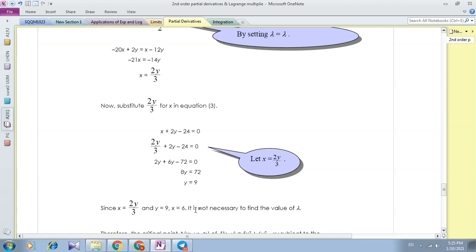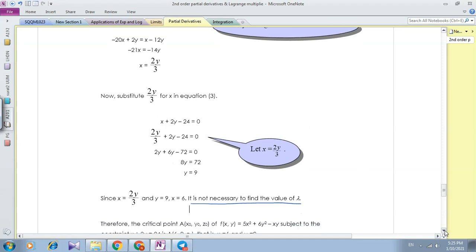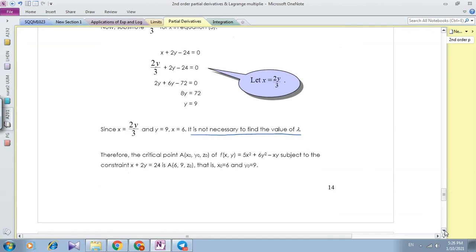As you can see, it is not necessary to find the value of lambda. If you are able to find the value of x and y, basically you are okay. So what's next?